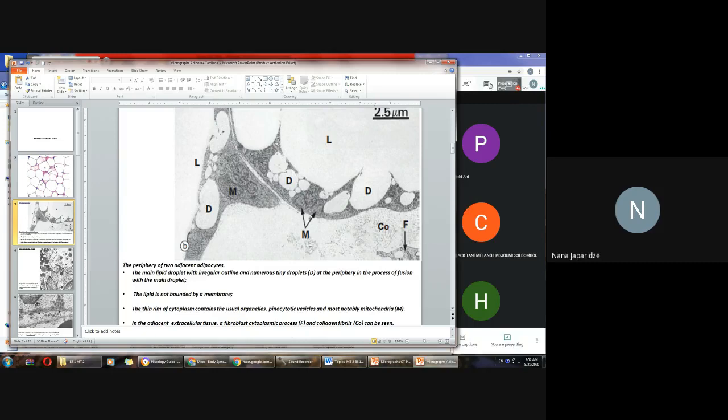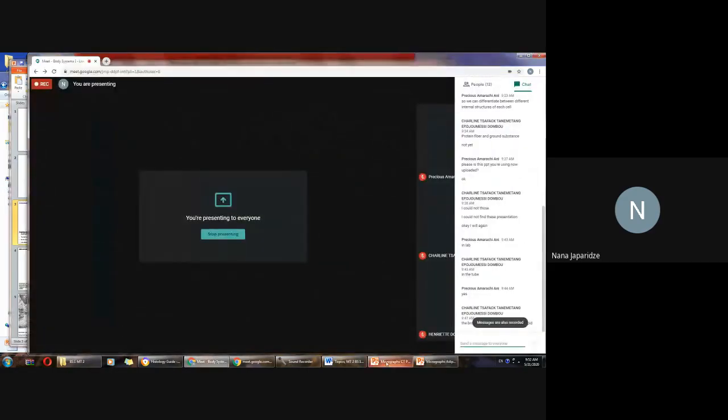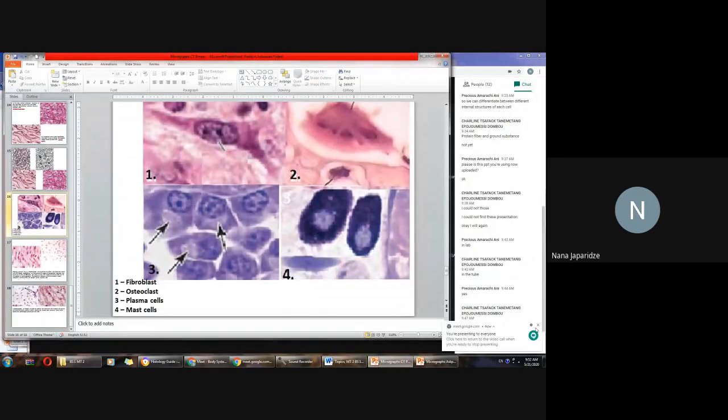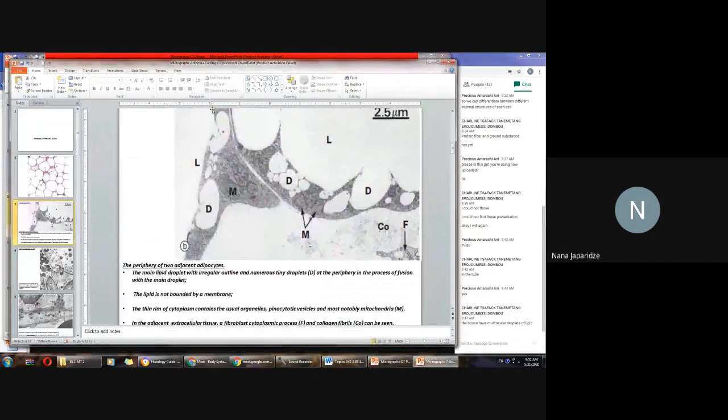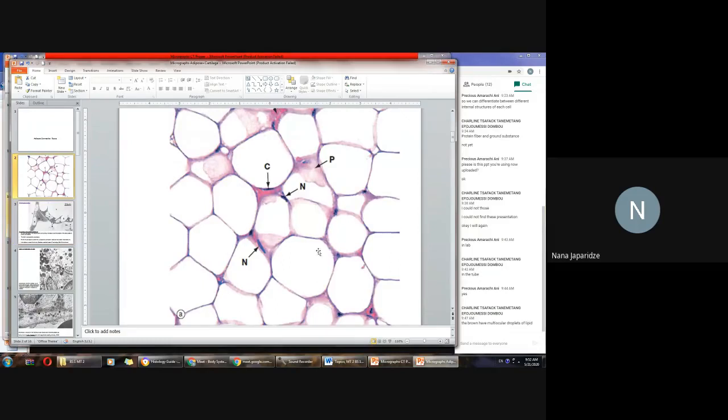And you see here the cytoplasm. If you look at this image, you see that the cell is filled with lipids and a small rim of cytoplasm surrounds this cell.